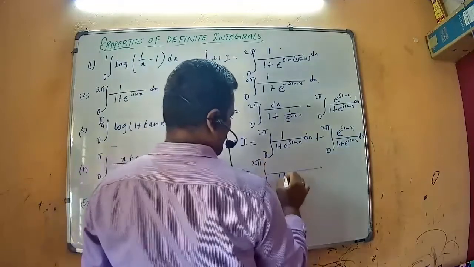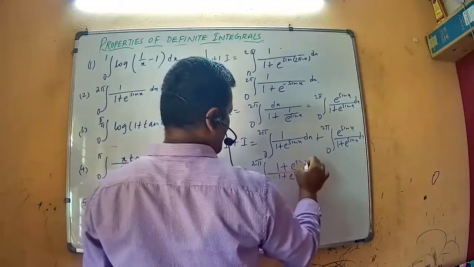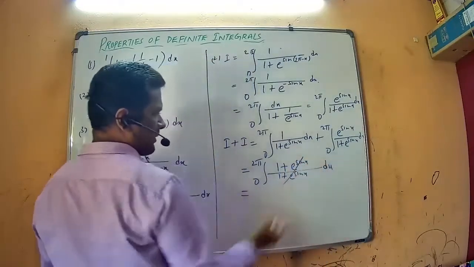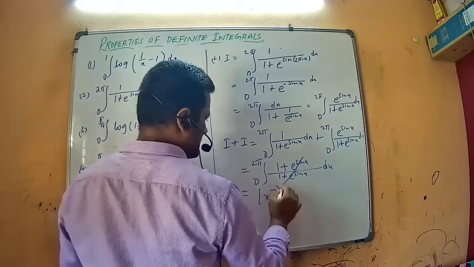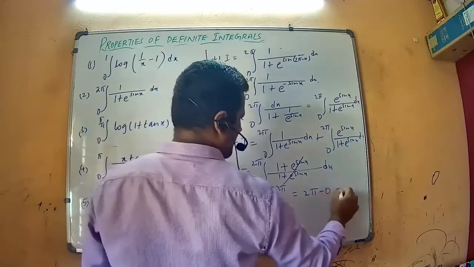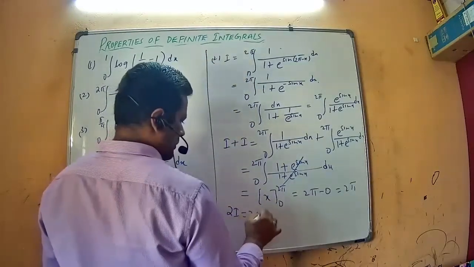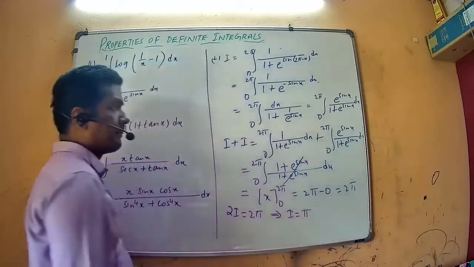The denominator becomes 1 plus e power sine x and the numerator also becomes 1 plus e power sine x, so you will be left with dx. The integral of dx is x within the limits 0 to 2 pi. So finally this is 2 pi minus 0, which is 2 pi. The LHS is 2I is equal to 2 pi. So the value of the integral is I equal to pi.